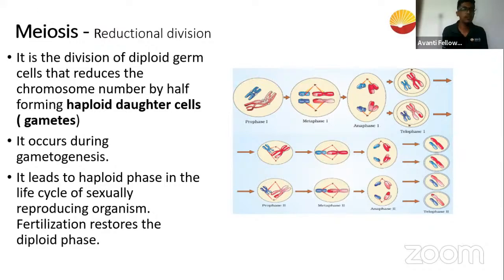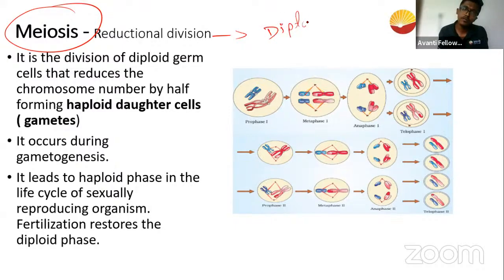Meiosis is significant in sexually reproducing organisms, most of which are diploid, with 2n chromosomes. So when they undergo meiosis, they produce haploid cells. These haploid cells are formed by meiosis. That is a simple fact.